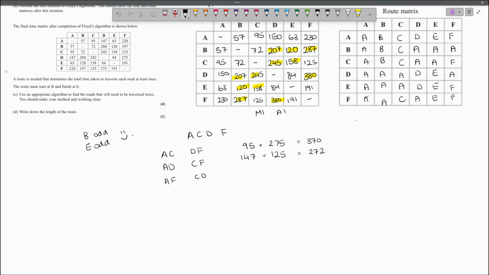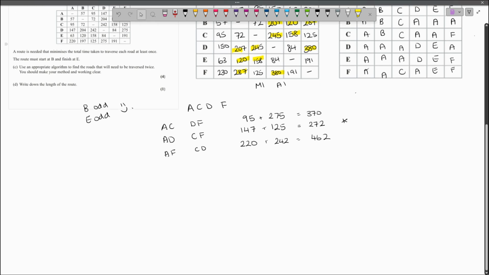And AF has a distance of 220, and CD has a distance of 242. Those add up to 462, which is really large, I'm afraid. So the best solution here is this 272.